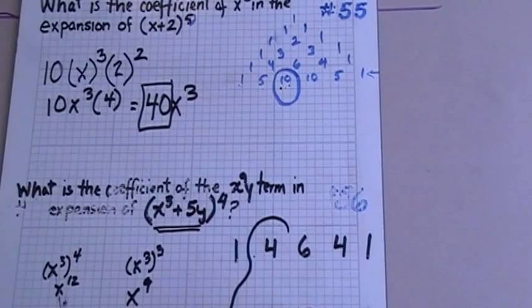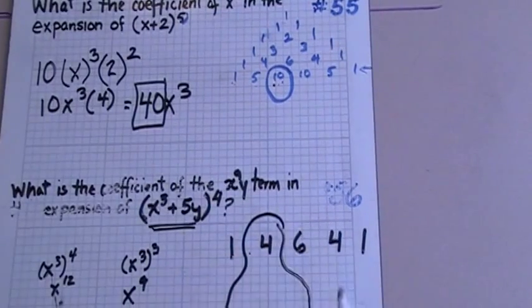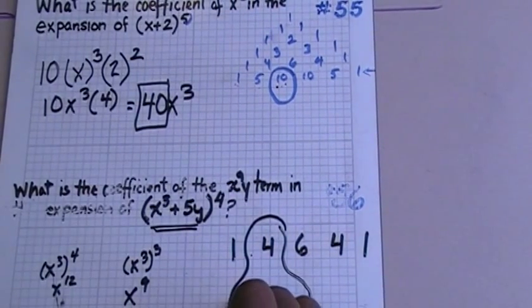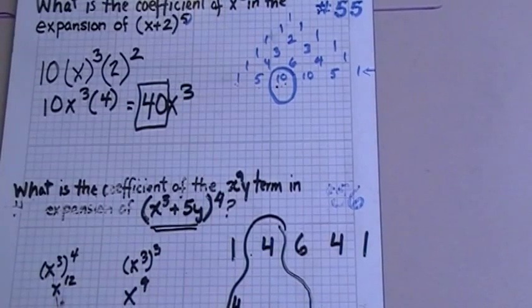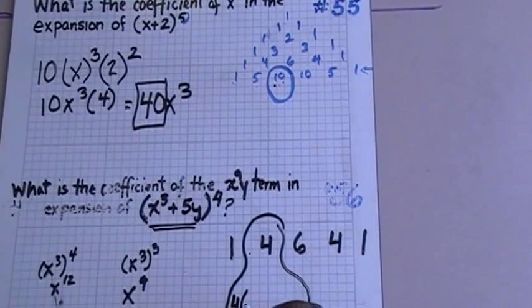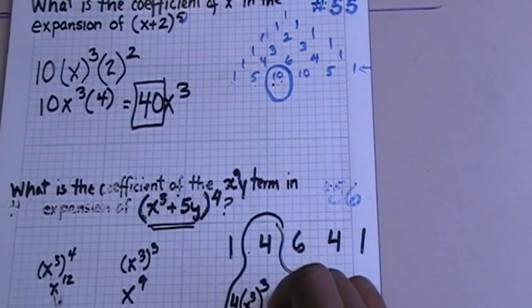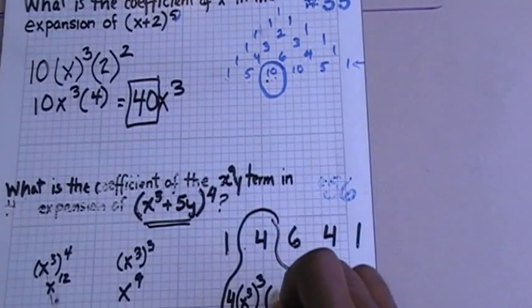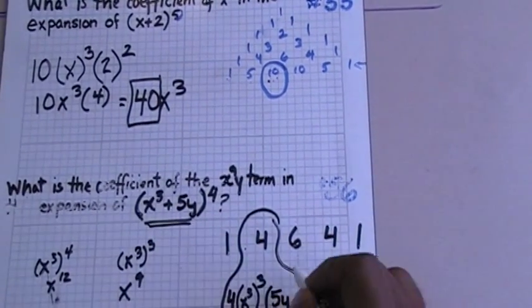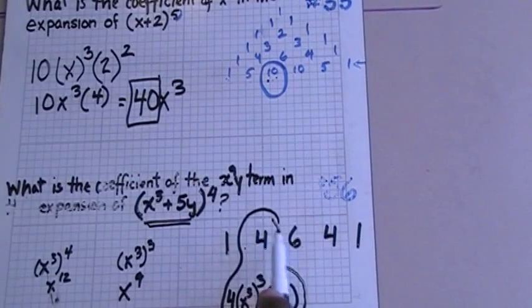So it's going to be this term. We can go 4 times x cubed times 5y to the 4, 3, 2, 1. All right, so that's our term.